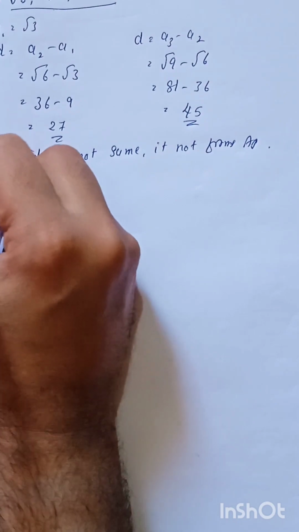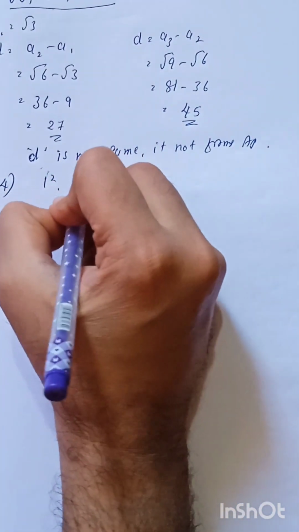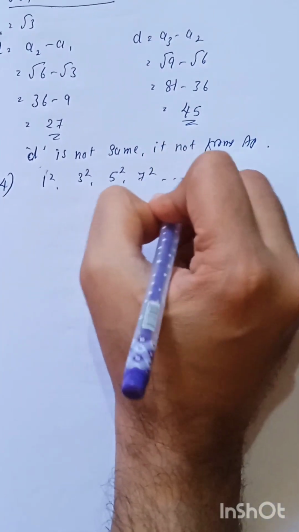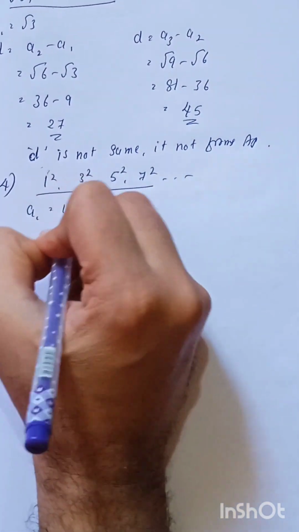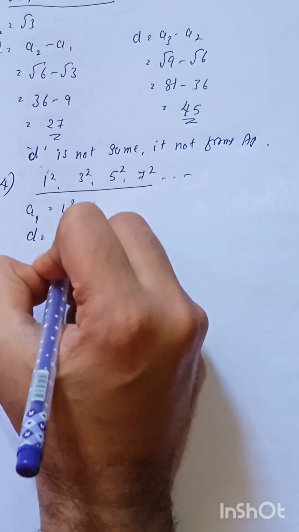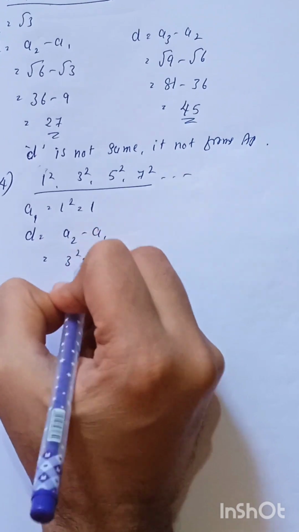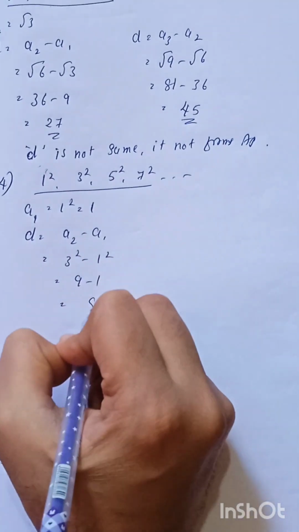Let's do the 14th one. 1 square, 3 square, 5 square and 7 square. So a1 is 1 square, that is 1. D equals a2 minus a1, that is 3 square minus 1 square, that is 9 minus 1, it is 8.